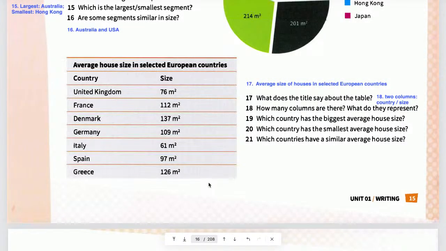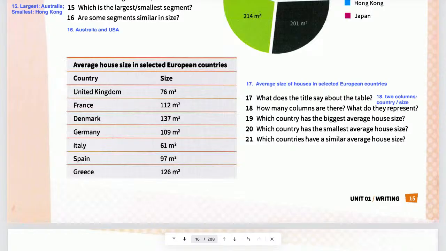All right. Next one, number 19. Which country has the biggest average house size? The biggest average house size is Denmark. Be careful of the way you explain things. You said that the country has the biggest. Yes, that's right. Now it's correct.